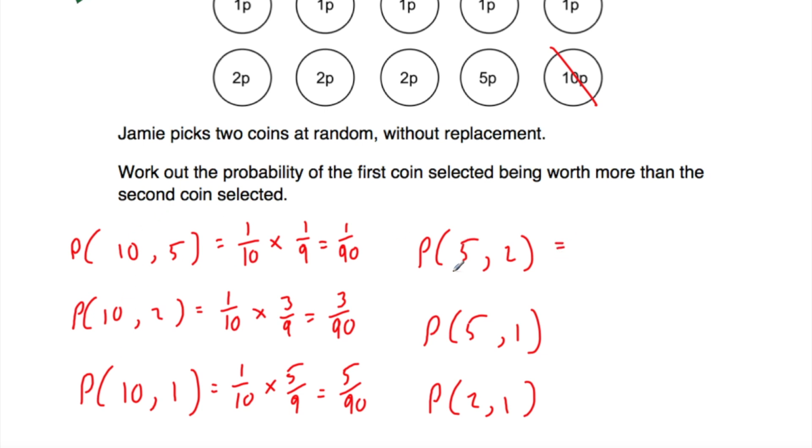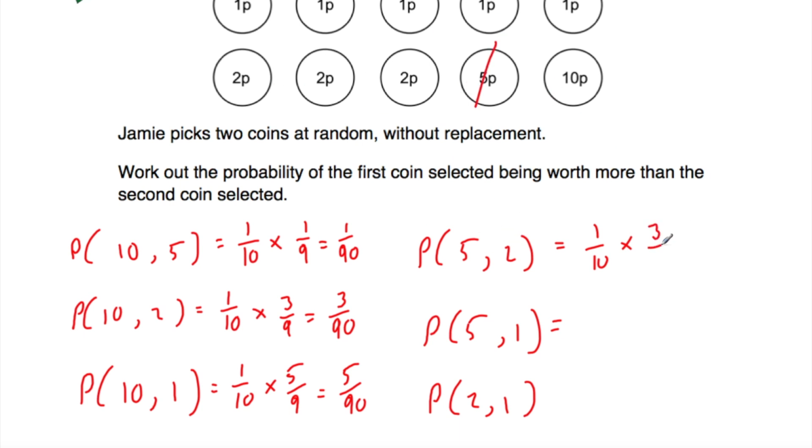Now let's have a look at the options with the 5p being the first coin. So 5p and a 2p. Well, let's put that 10p back in. The probability that the first coin is a 5p would be 1/10, because there's one 5p out of the 10 coins. And then once that 5p is taken out, the probability that the second coin is a 2p would be 3/9.